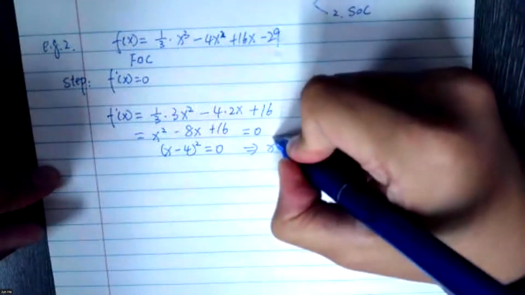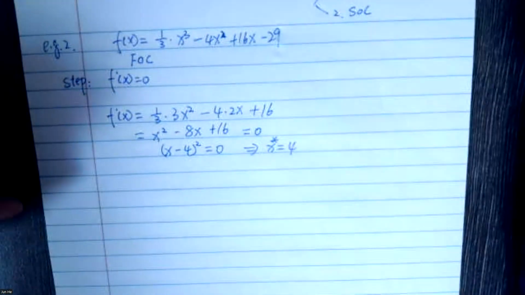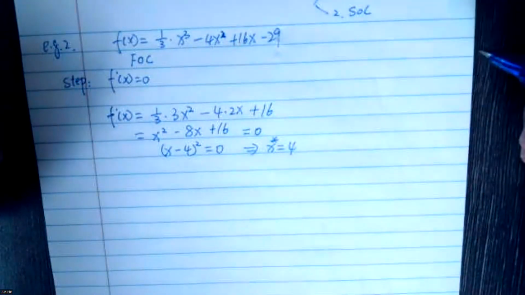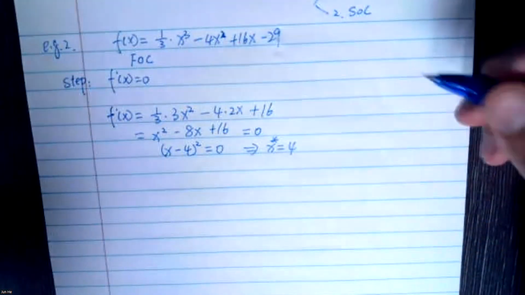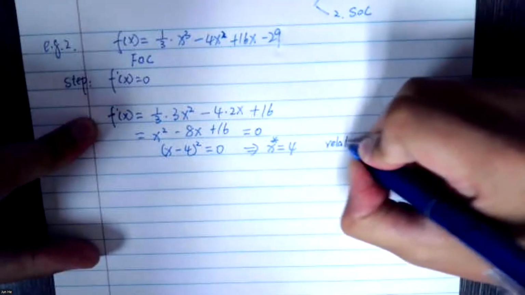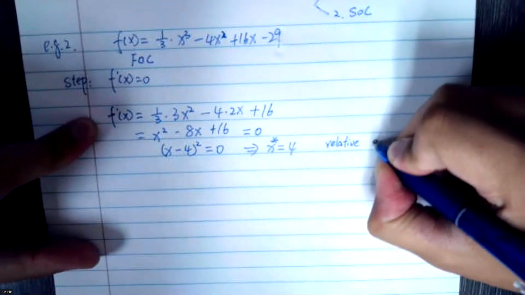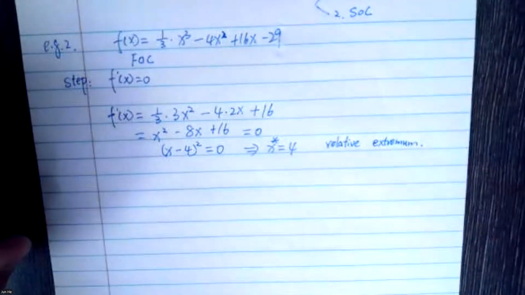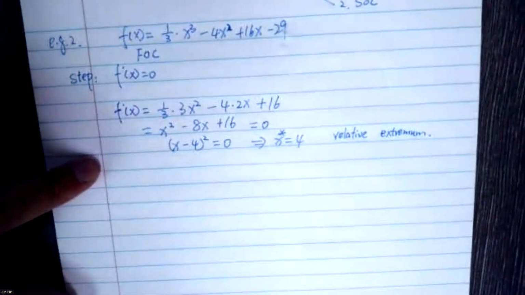Okay, so when x equals 4, f prime x is 0. This is a relative extremum, and now we need to determine the sign of it.